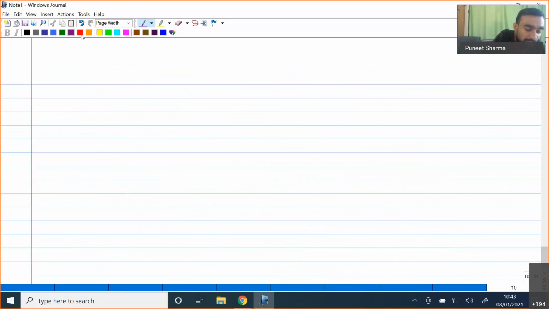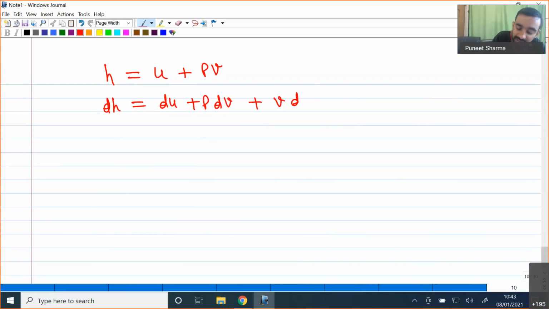And if I take one more equation, we know H is equal to U plus PV. So if I take dH, dH will be equal to dU plus PdV plus V times dP. Now we know from the first law of thermodynamics for a closed system that TdS equals dU plus PdV.